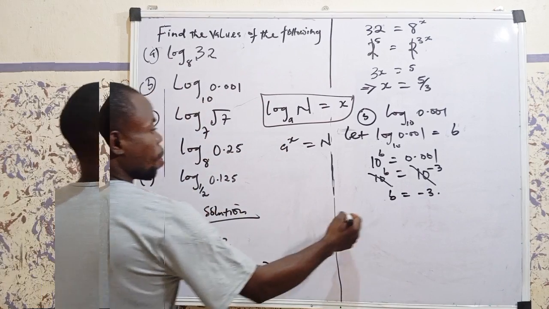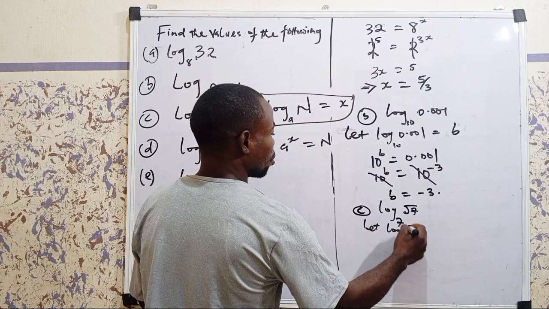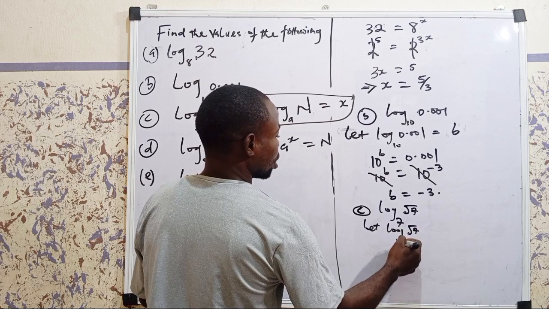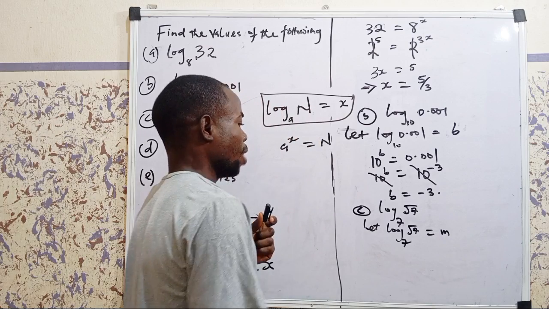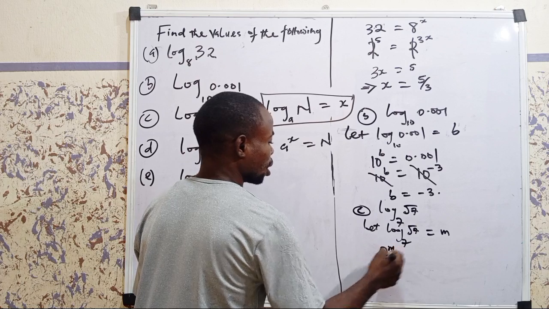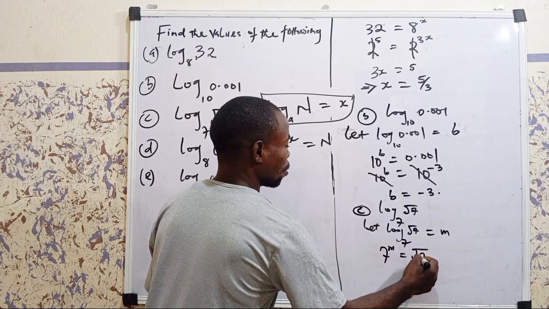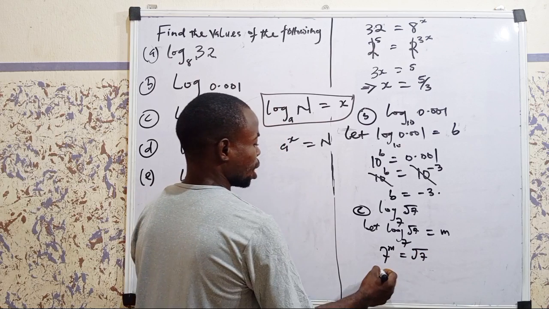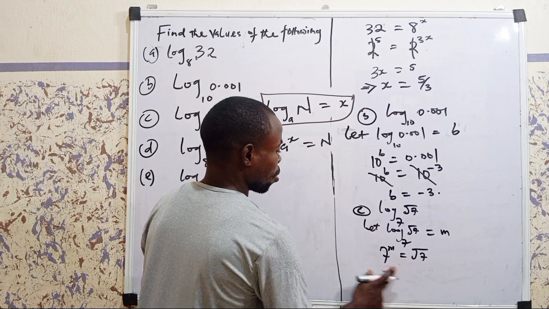Okay, for c, as usual we say let log root 7 base 7 be equal to m. We want to find the value of m such that 7 power m will be equal to root 7. This is fine because you can rewrite it.